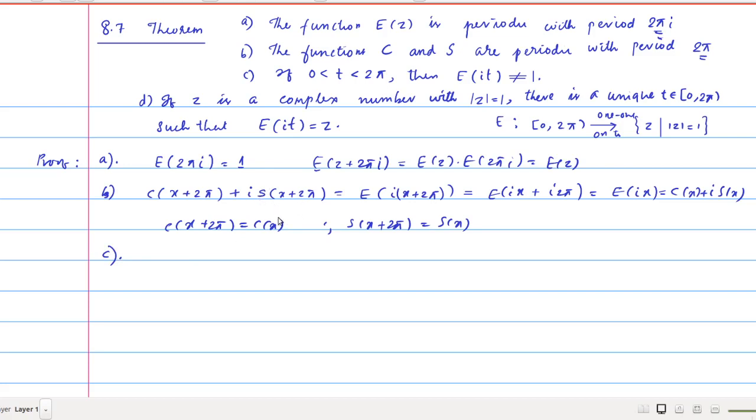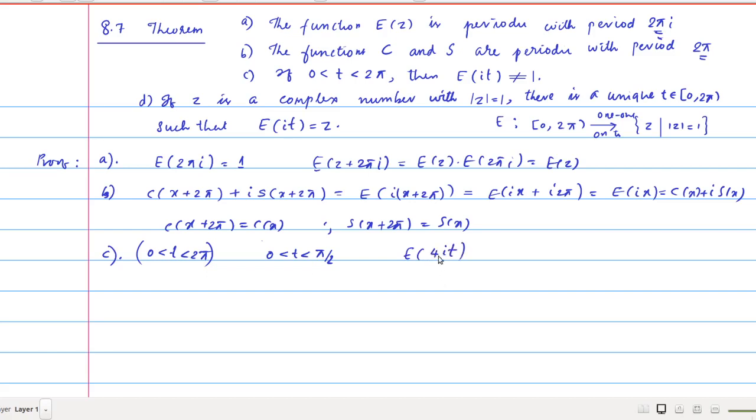For the third one we will consider the interval 0 less than t less than 2 pi. Inside this, we have to show that e of it does not attain 1. So first we consider 0 less than t less than pi by 2. For the time being, forget about the full interval; consider 0 less than t less than pi by 2, and we will later consider e of 4it.